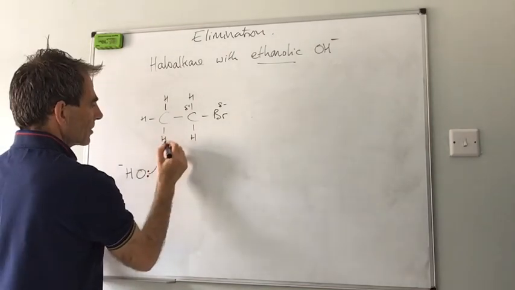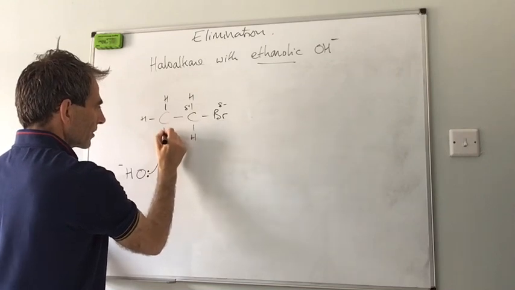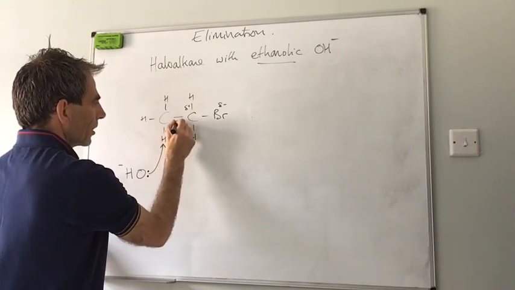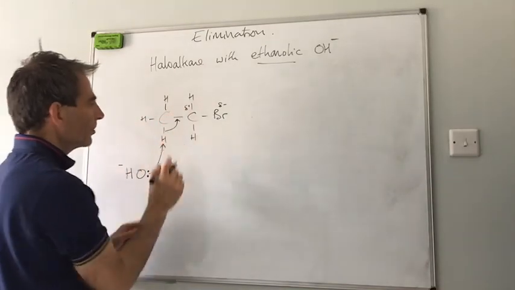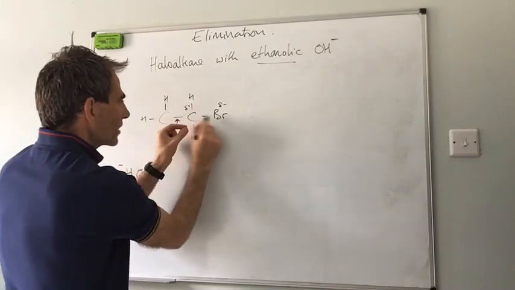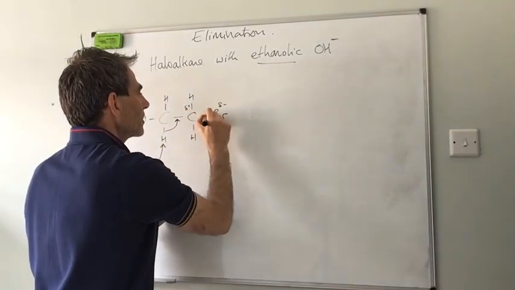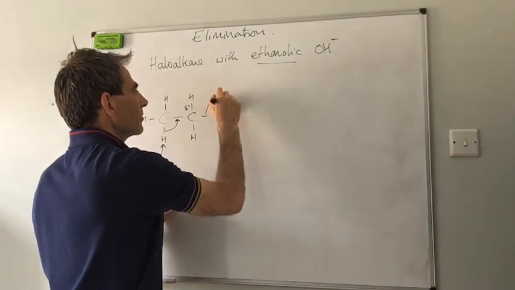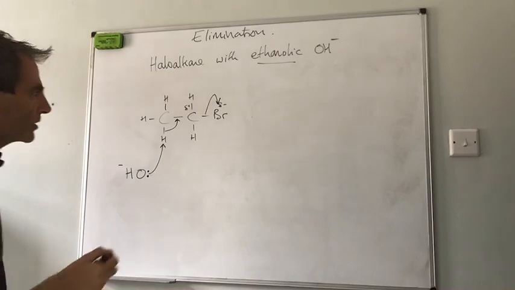What that's going to do is repel a pair of electrons from this carbon-hydrogen bond onto this carbon-carbon bond. That's going to generate a double bond there. And then the electron pair in this bond will be repelled onto that bromine, and this bond is broken by heterolytic fission.